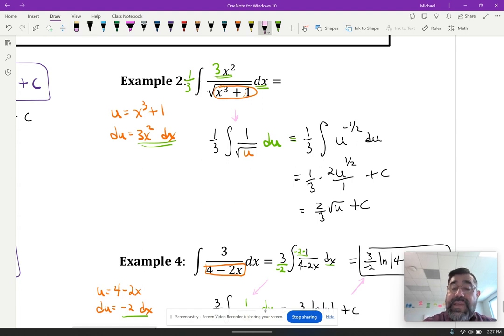Which means my true answer in the world of x's is, let me do that in purple, 2/3 square root of whatever u was equal to. u was equal to this, plus c. And that is the antiderivative of this complicated looking thing.